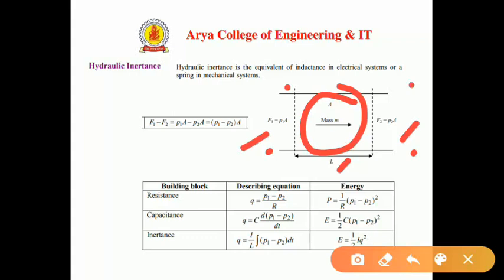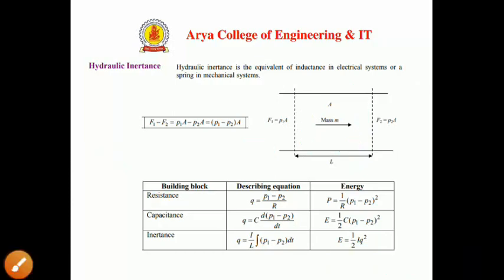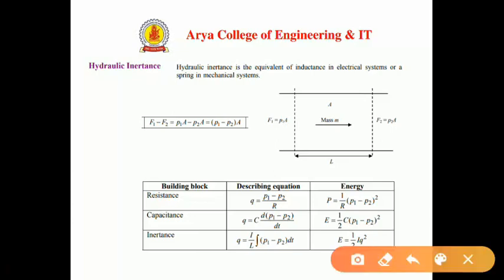F1 equals P1A and F2 equals P2A, because A is the same for both ends, but the pressure is different, so the applied forces are also different. So we have the equation F1 minus F2 equals P1A minus P2A. So this is all about the hydraulic inertance. Now it can be written in the form of this equation.